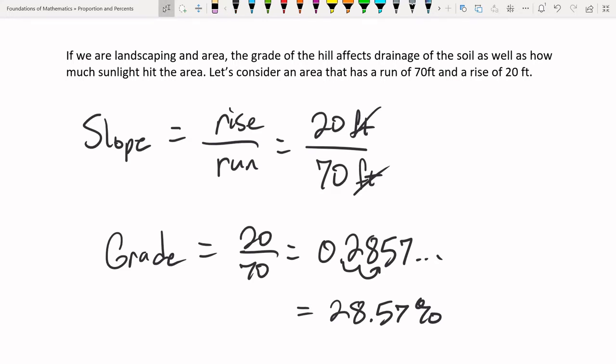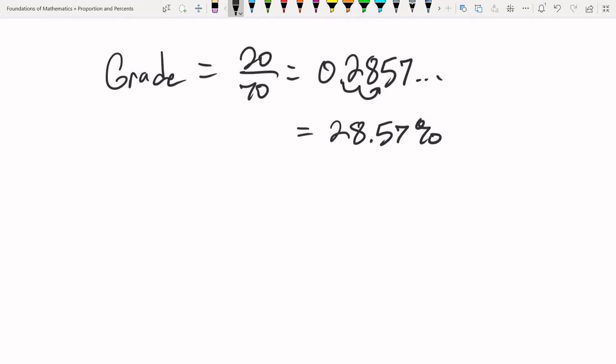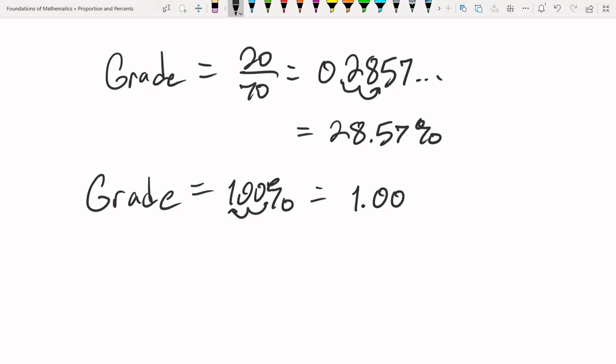It's kind of a side note. What do you think a grade of 100% would be? So if a grade equaled 100%, what does that mean for the slope? Well, to have 100%, we would have to move the decimal point back 2 spaces. That means we would have 1.00 as the actual calculation, which means the only way we can get 1.00 is if we had 1 over 1, or you can think of it as 20 feet over 20 feet, or 70 feet over 70 feet.